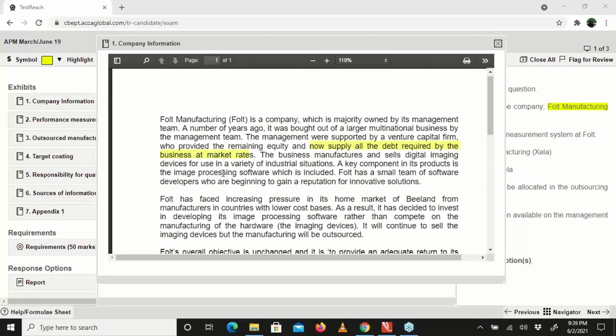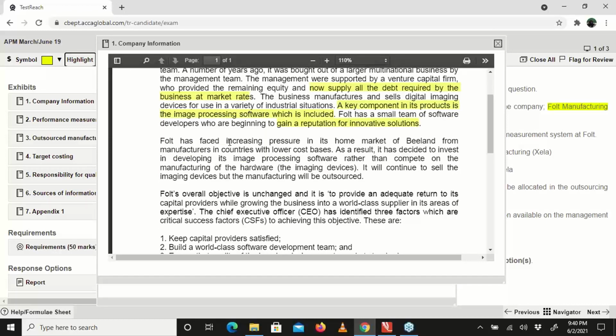A key component in its product is the image processing software which is included. So what is the key component in its product? It's an image processing software. Fault has a small team of software developers who are beginning to gain a reputation for innovative solutions. Now, Fault has faced increasing pressure in its home market of Beeland from manufacturers in countries with lower cost bases.